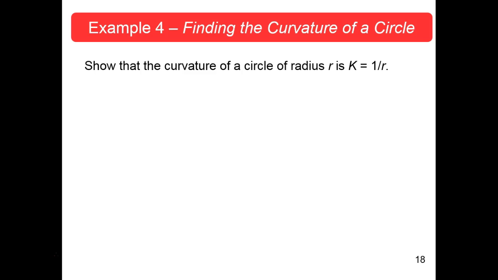So perhaps the best way to represent a circle is by this representation. r of theta is equal to r cosine theta i plus r sine theta j. I kind of hate they're using r, but that's what we usually use.